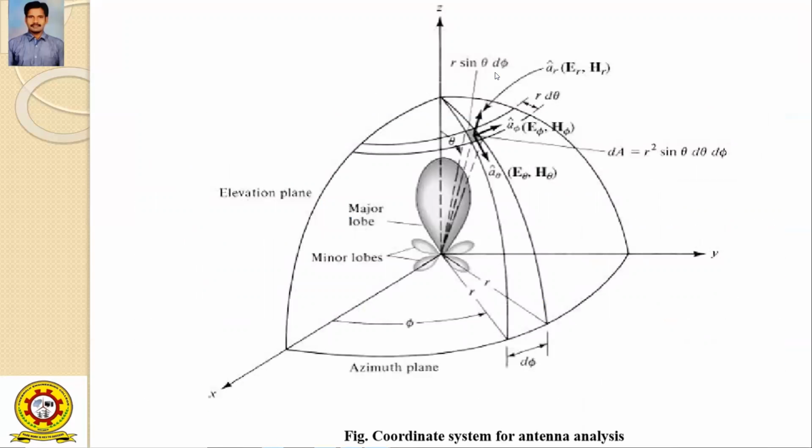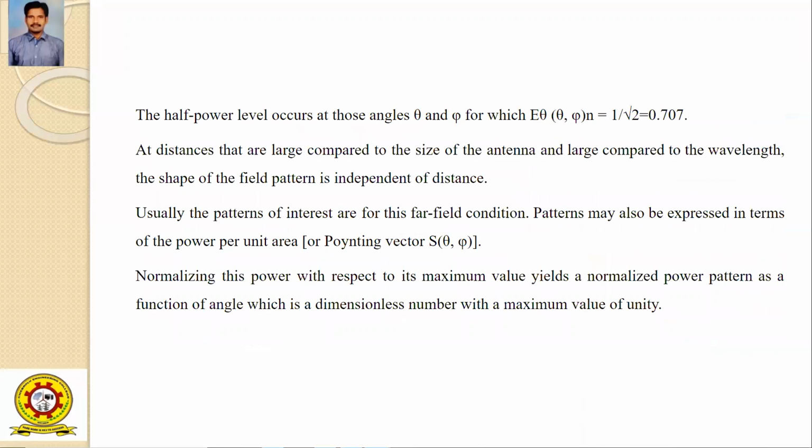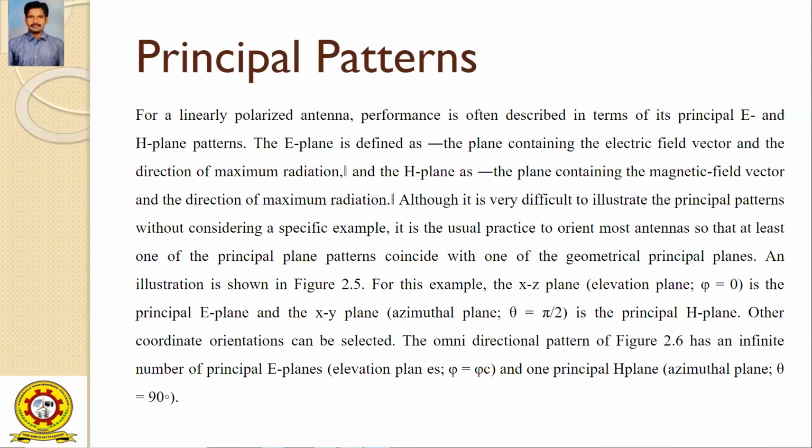In this previous schematic, XZ is the elevation plane and XY is the azimuth plane. These two planes have their own significance. Therefore, principal patterns are classified into E-plane pattern and H-plane pattern.